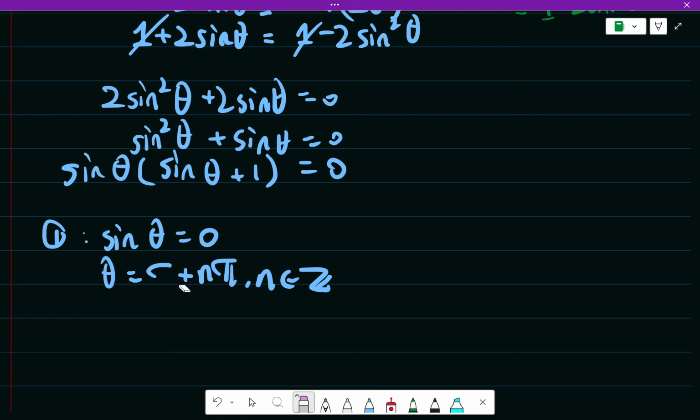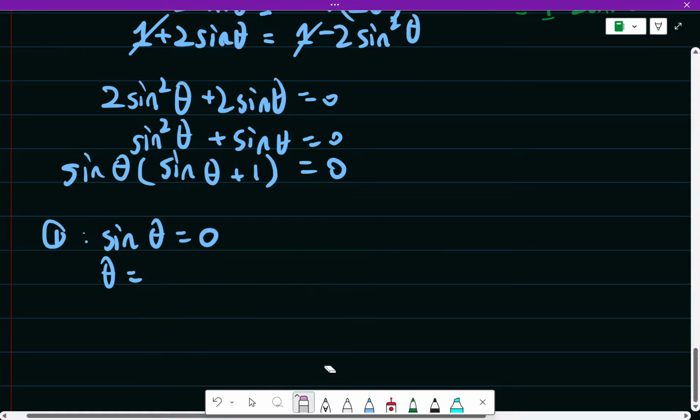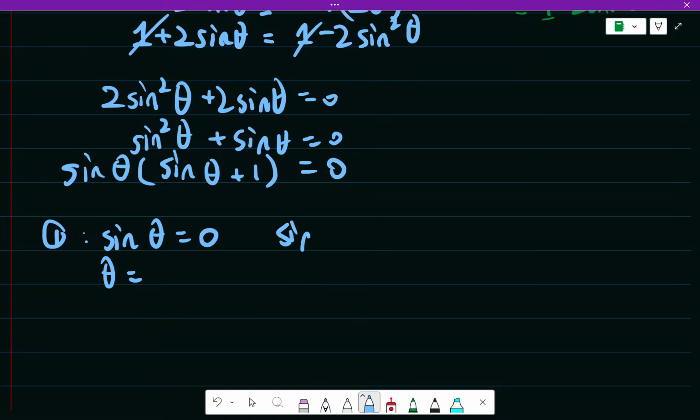Sorry, it is actually, because as we know that sine 0 degree or radian is 0, and it can flip half a period on the Cartesian plane, so we would actually have n pi itself, and n is integers.